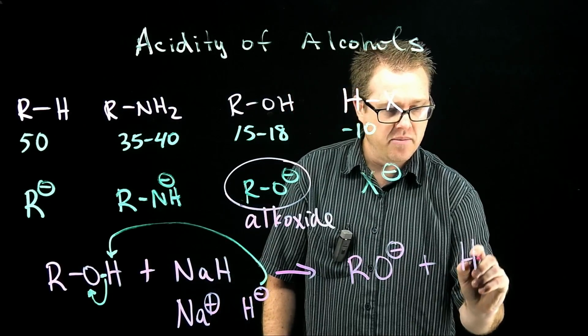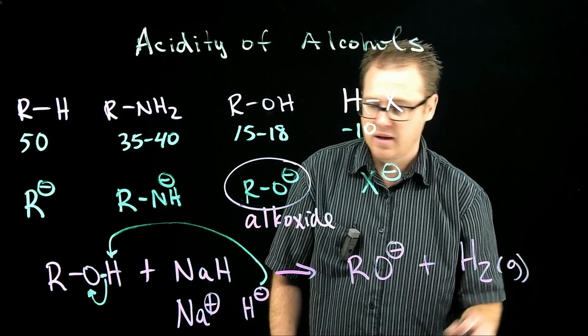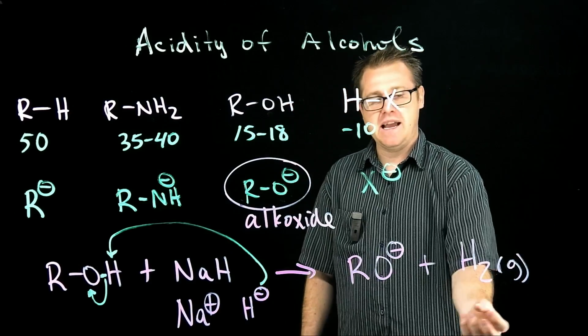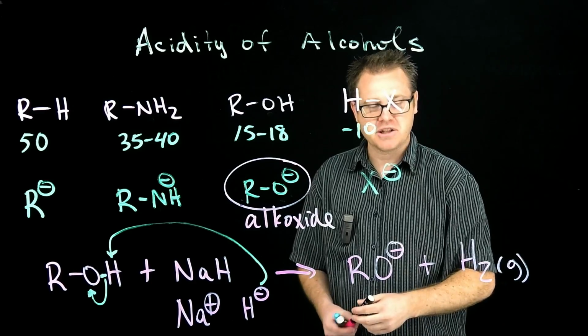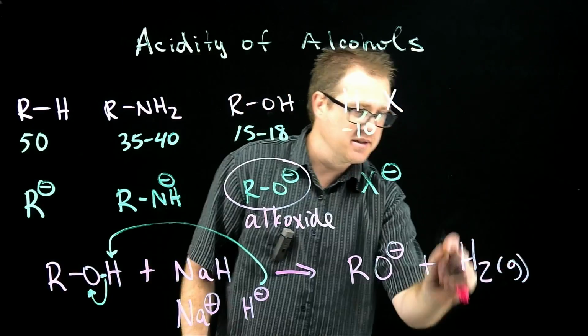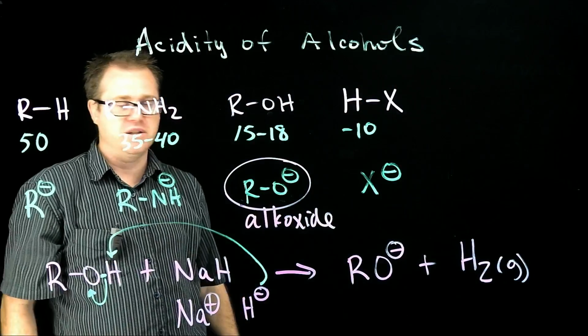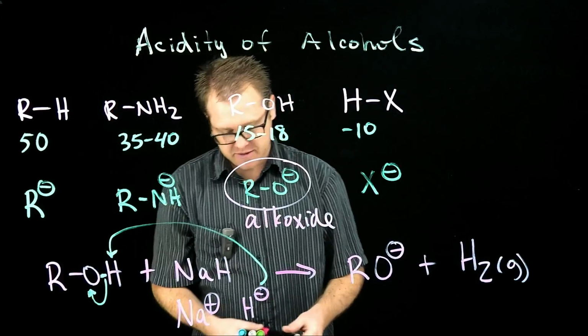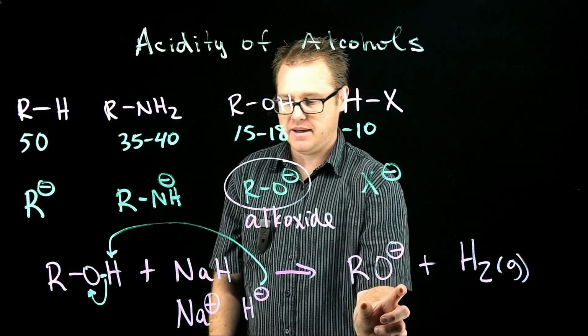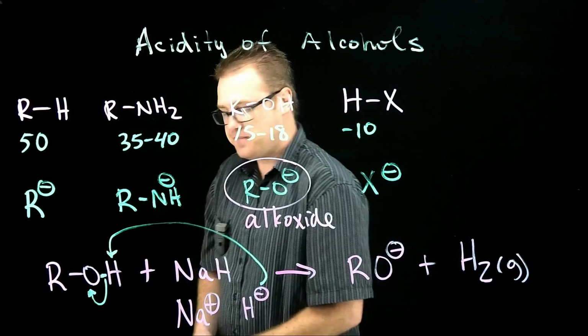And then look what it makes. It makes hydrogen gas, and that hydrogen gas is going to bubble away from the reaction. Le Chatelier's principle says we're losing this, so we need to force this reaction to go to products. So that is one way to form our alkoxide, by treating it with sodium hydride.